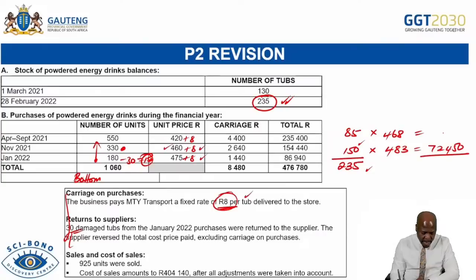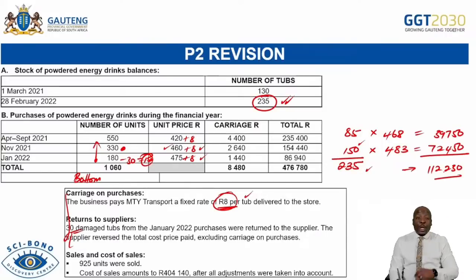And then you get your 39,750. Then you add the total to give you 112,230. You may also be required to calculate missing units, gross profit, and several other calculations. You need to expose yourself to such kinds of questions as the calculation of gross profit.